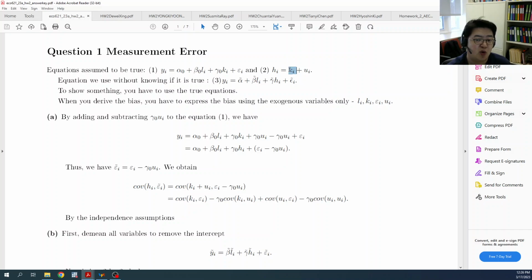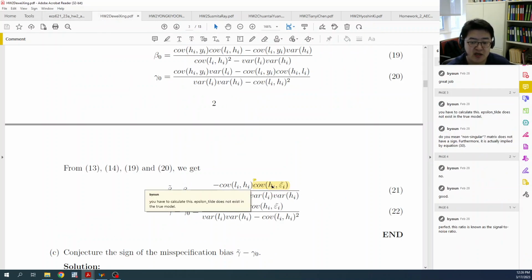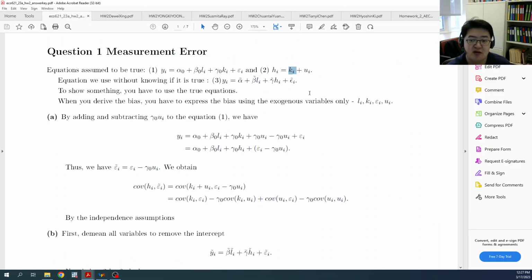So what is more desirable is to replace h here with k plus u. And also because the independence assumptions are imposed on k and u, all the conditions are not on h, but on the underlying variables k and u.